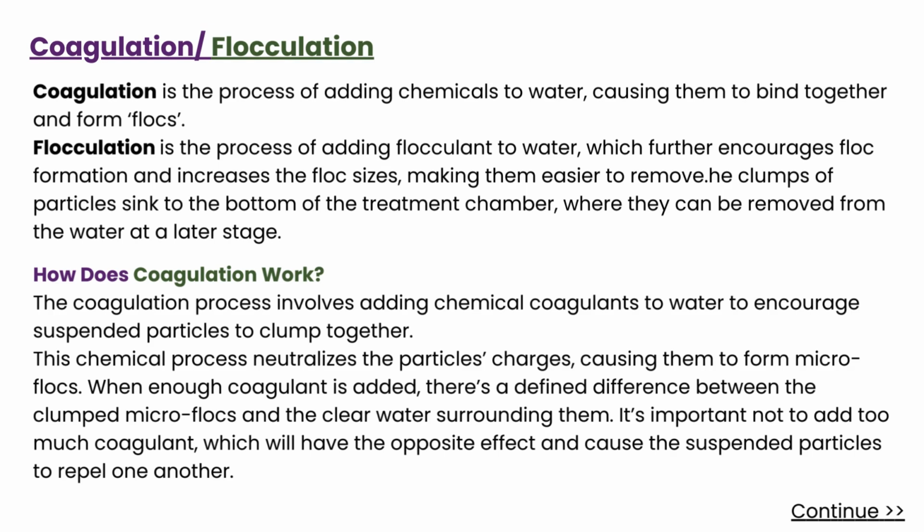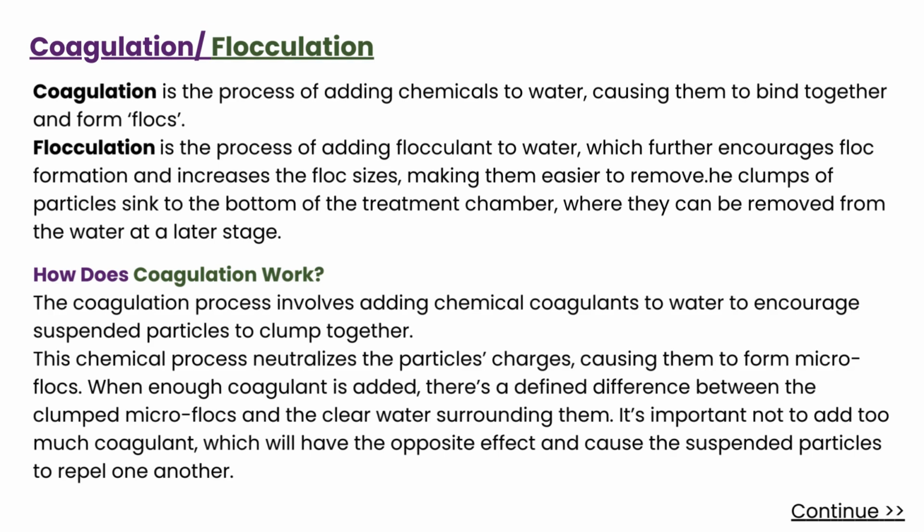When enough coagulant is added, there is a defined difference between the clumped microflocs and the clear water surrounding them. It is important not to add too much coagulant, which may have the opposite effect and cause the suspended particles to repel one another.